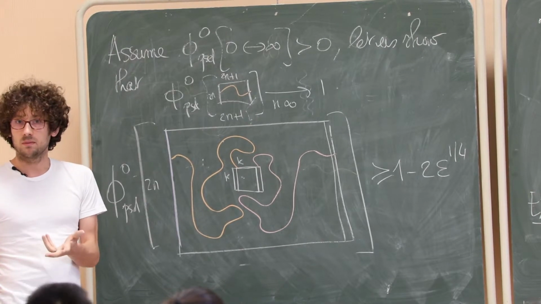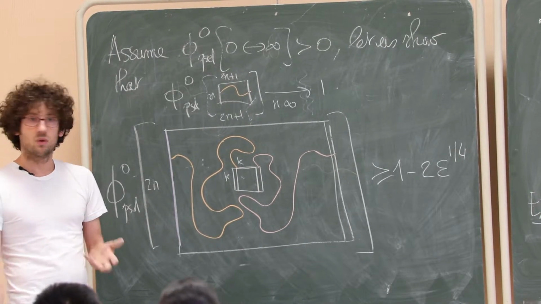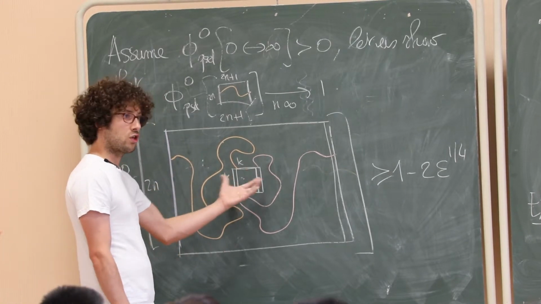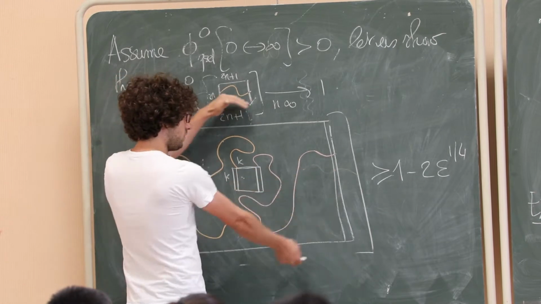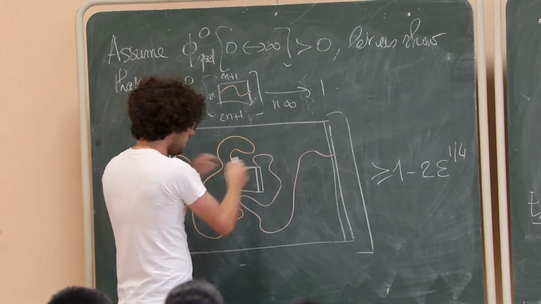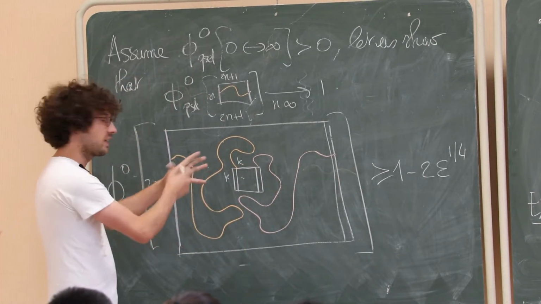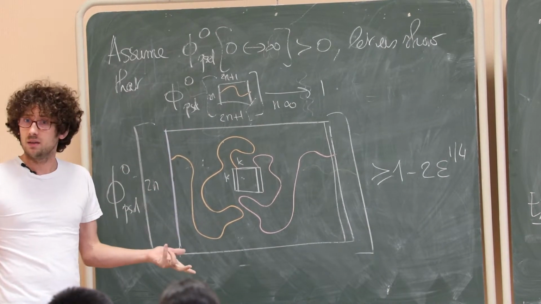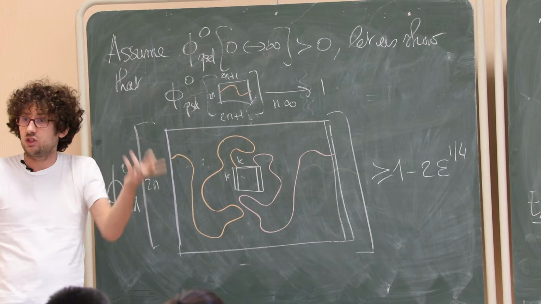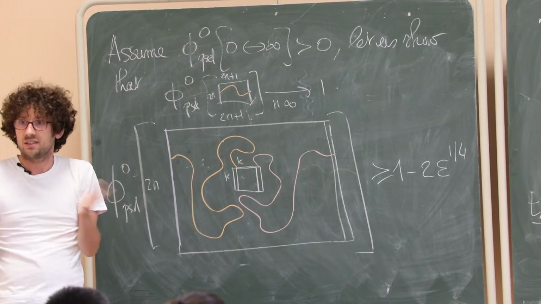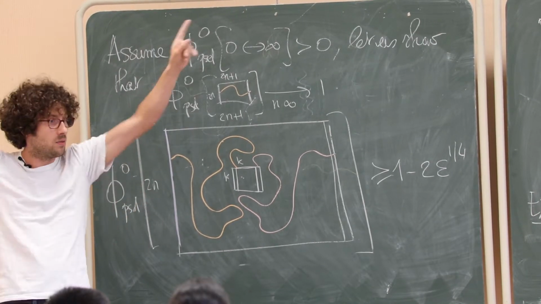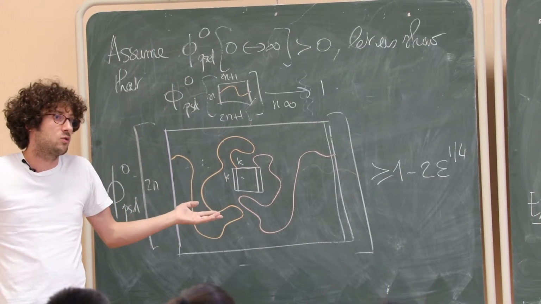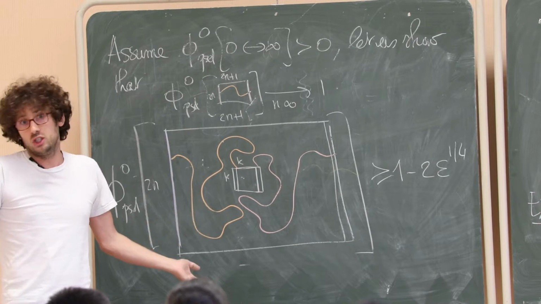If there is no crossing from left to right, that means that there are two disjoint clusters touching the boundary of this big box and intersecting the box of size, say, k plus 1. But when n tends to infinity, the existence of these two disjoint clusters always intersecting the box of size k and going farther and farther away, by measurability, converges to the existence of two disjoint clusters.